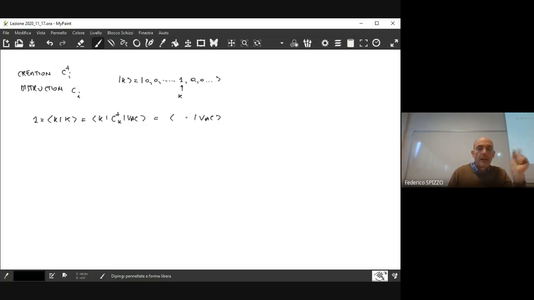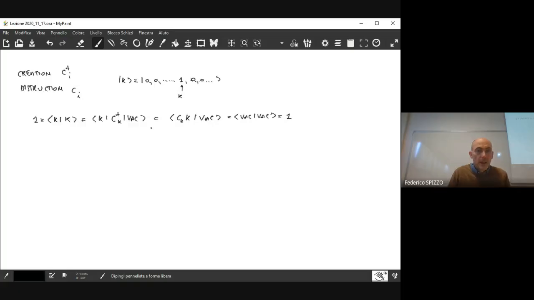So to have 1 as it was at the beginning of the calculation, I should expect to have vacuum also on the bra side. And to have vacuum on the bra side, the only solution is to destroy K, so to destroy the electron in level K using the CK operator. So in this way, we have vacuum, scalar product, vacuum. So we have again 1.